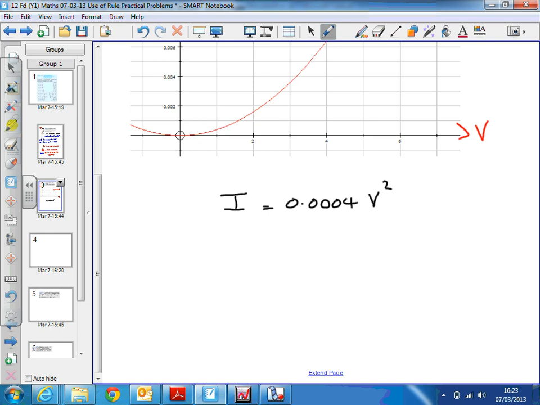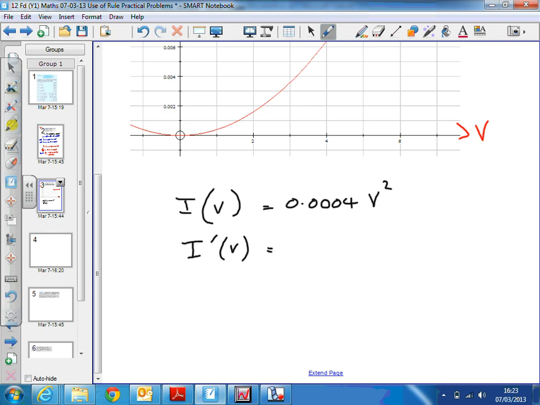Don't say over, dI by dV is the way we say it, although you're right. Another way I could have written this function is I, and then in a bracket put the other variable, which is V, and so then I would have written the differential as I prime V. Either way, okay.